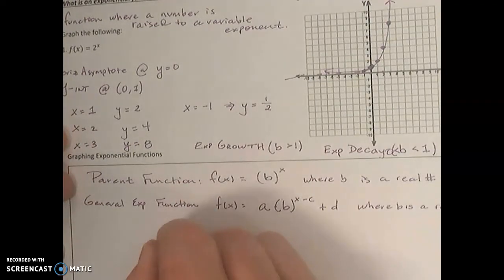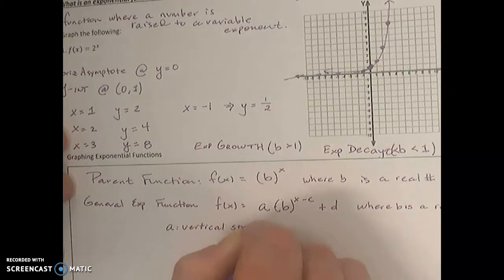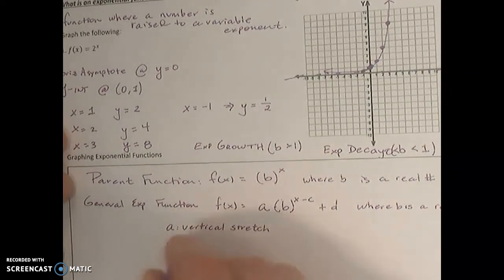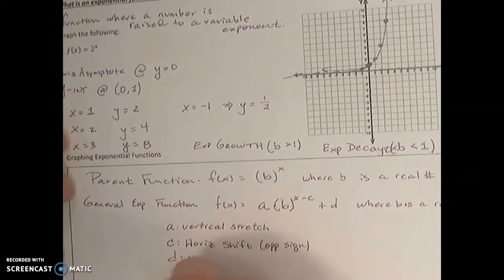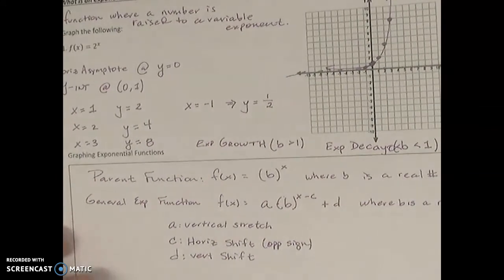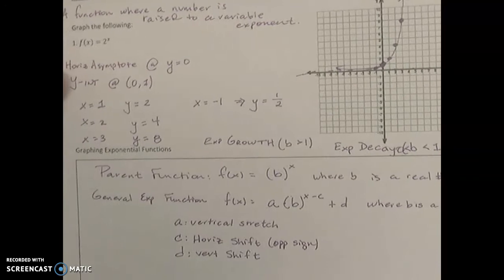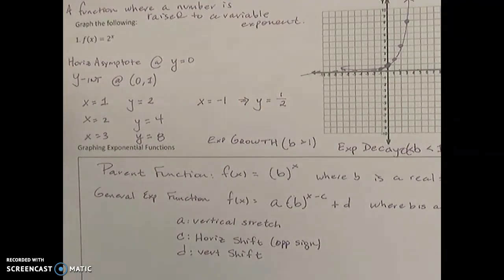Our a value would be a vertical stretch. Our c value would be a horizontal shift, and we think opposite of the sign. Our d value would be a vertical shift. It would follow the sign. Okay? That will help us graph. It will help us transform that one very special y-intercept, 0, 1, to the new point. It will also help us deal with the horizontal asymptote. Okay?